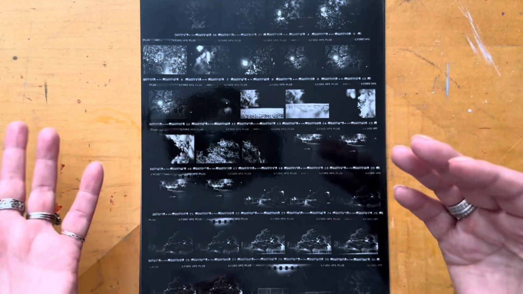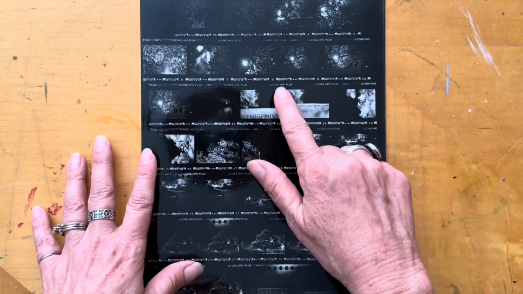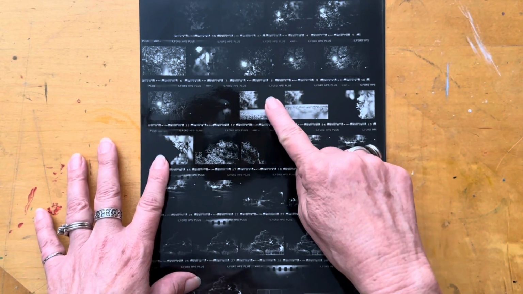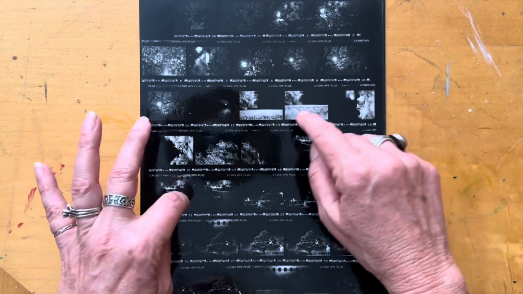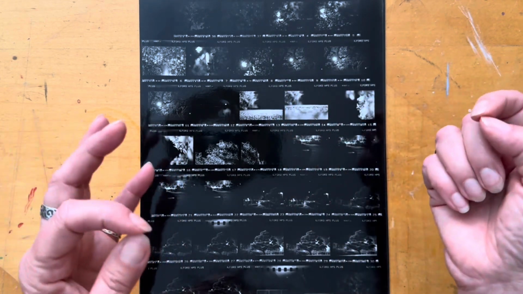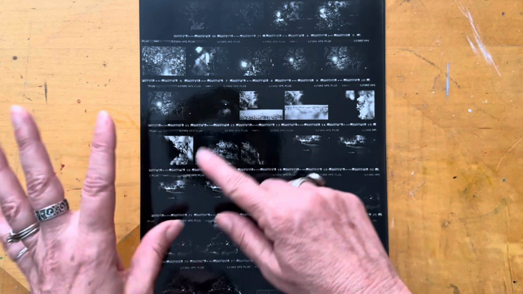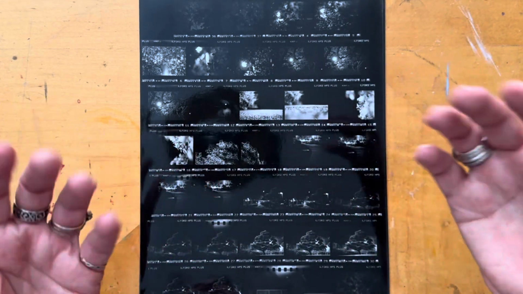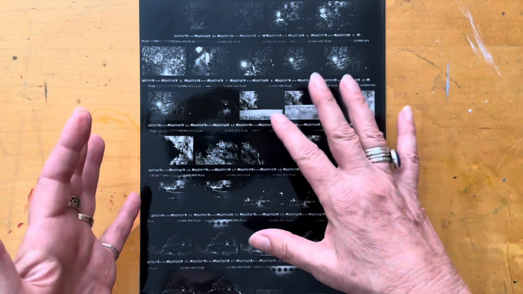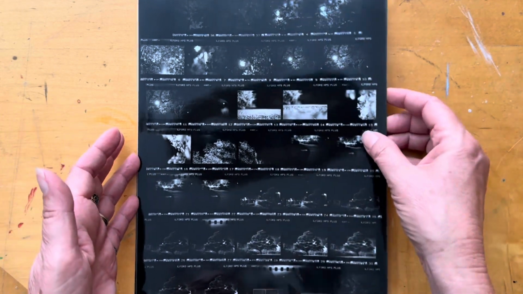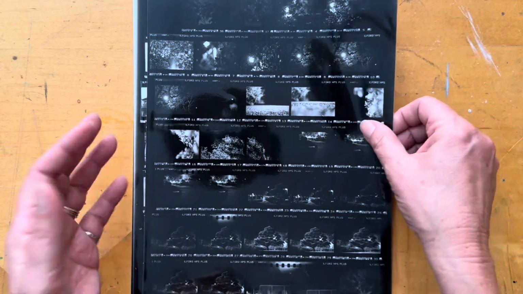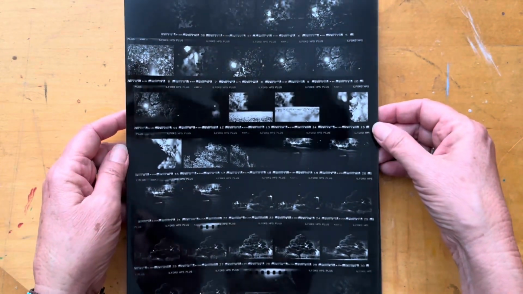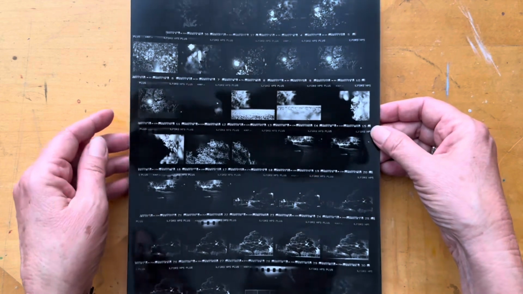So the positive negative idea, the places that are dark on our negative will be light on our contact sheet, which is our positive, and vice versa. So where a lot of light hits our negative, it turns dark, it creates lightness on our positive. And so based on that, we can find things that are over or under exposed.